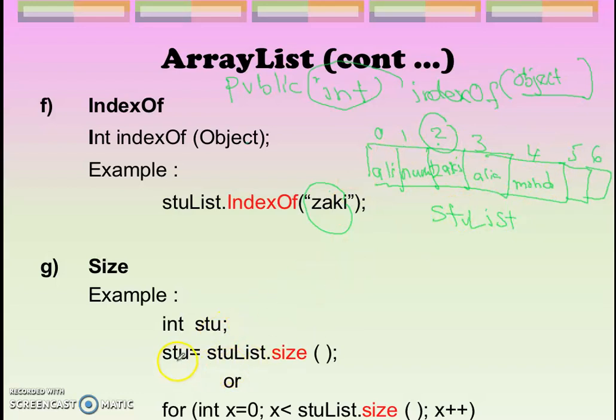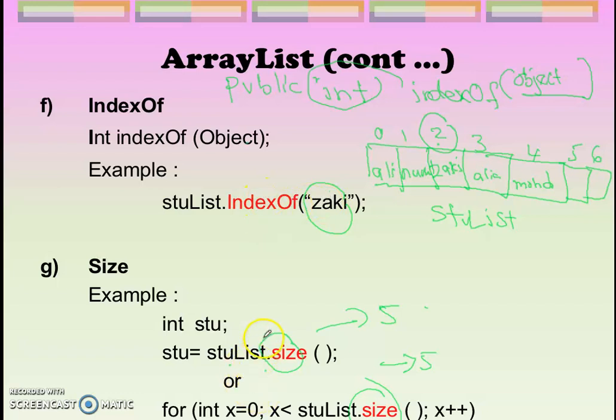So means that bila kita guna size, dia akan return. Okay, so kat sini is equal to list.size. This one is list.size. Okay, so dia buat apa? So dia akan return 5. Okay. List.size akan return the number of element in the array list. Okay. This is how we can use size lah. Okay.